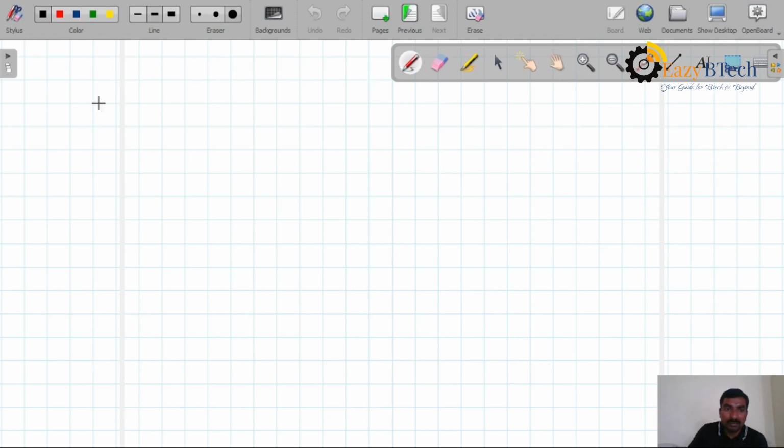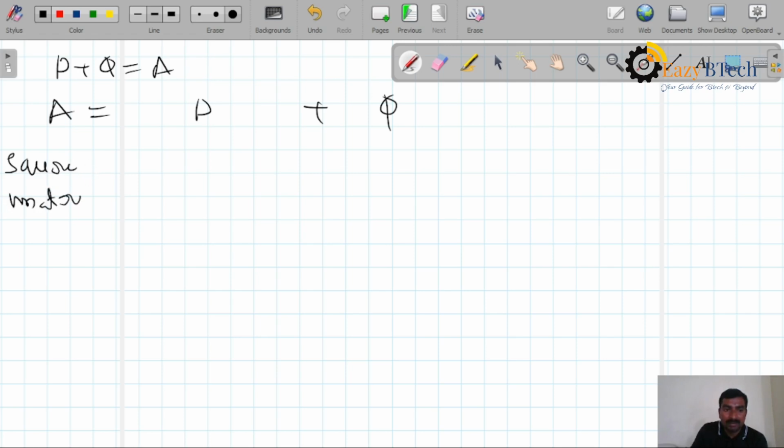What is the meaning of P plus Q equals A? P plus Q equals A means A equals P plus Q. That means A is a square matrix. This square matrix is equal to P, where P means Hermitian matrix.